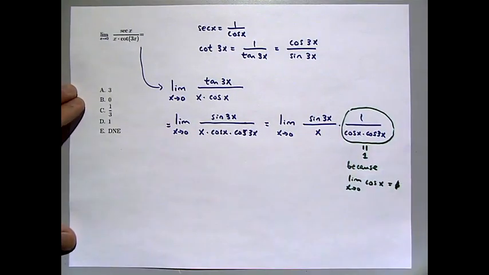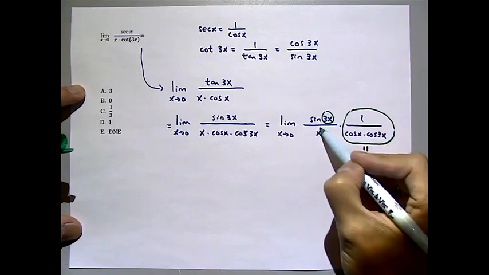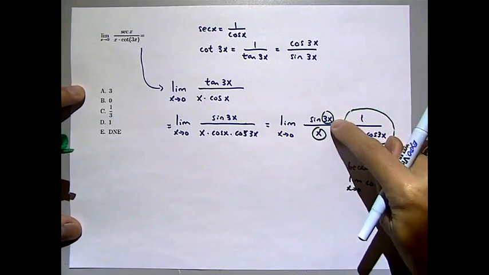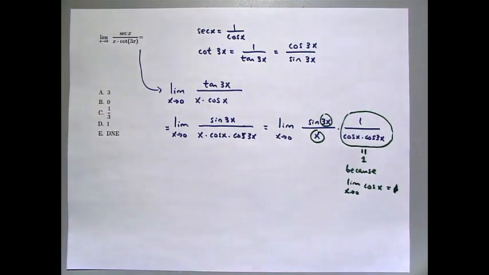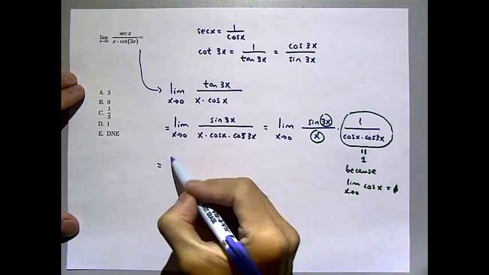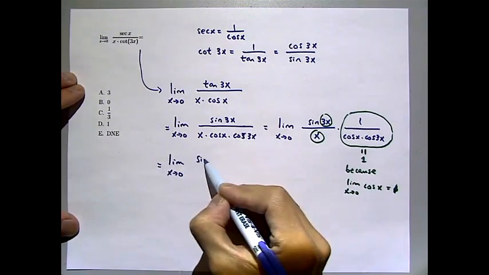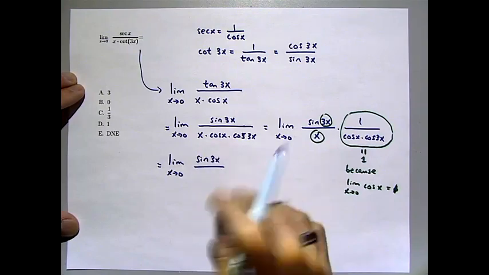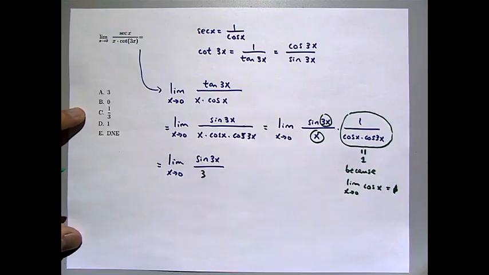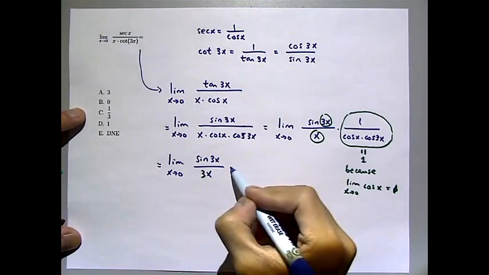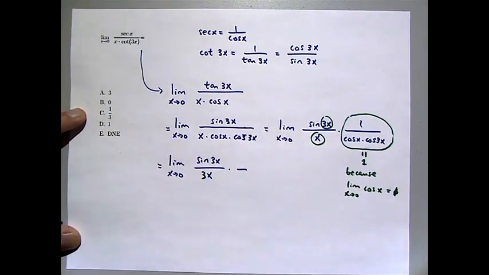I need to make sure these things are the same. I have a 3x here, so that means I want a 3 down here. Therefore, we're going to multiply, rather divide by a 3. But if I did that, I need to balance that out by putting a 3 back in.